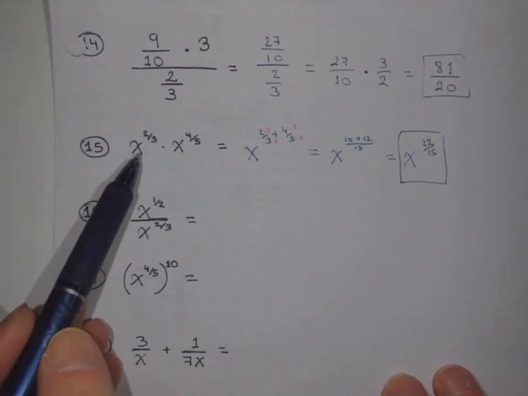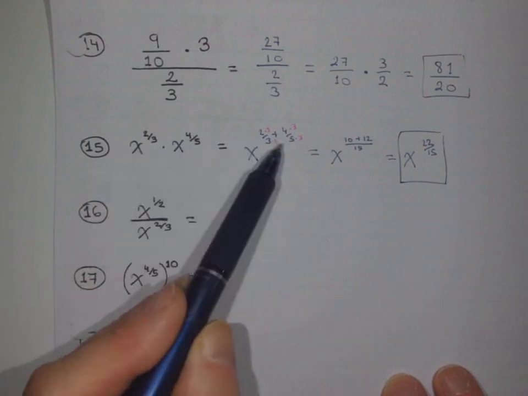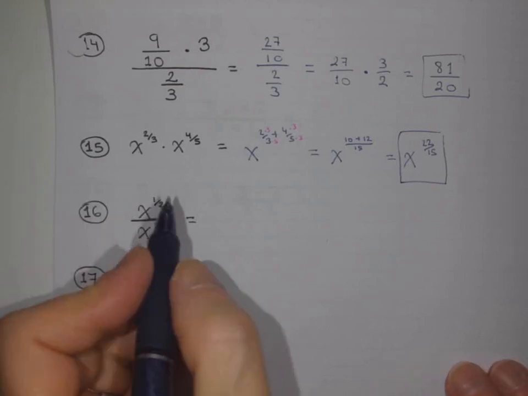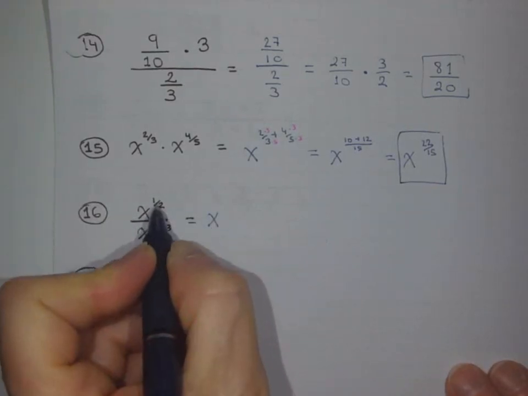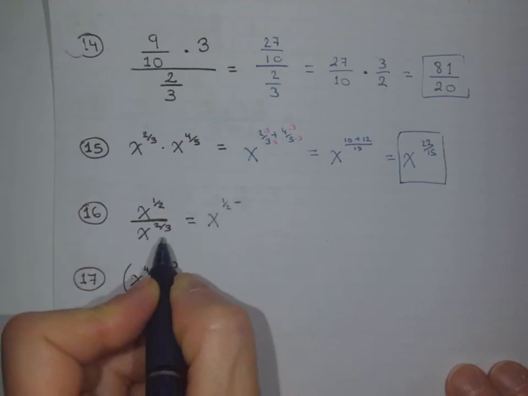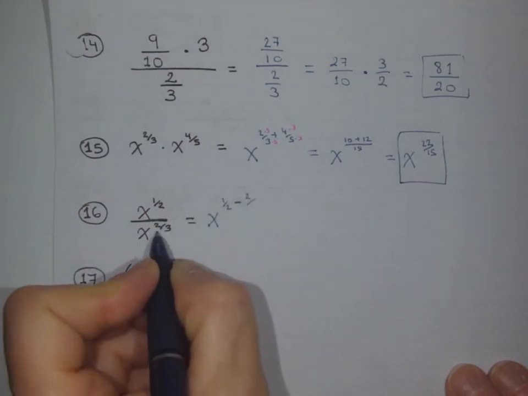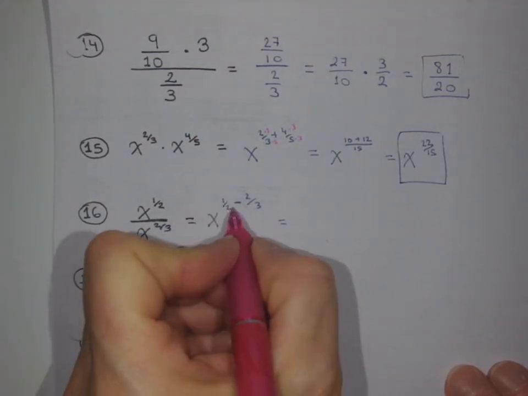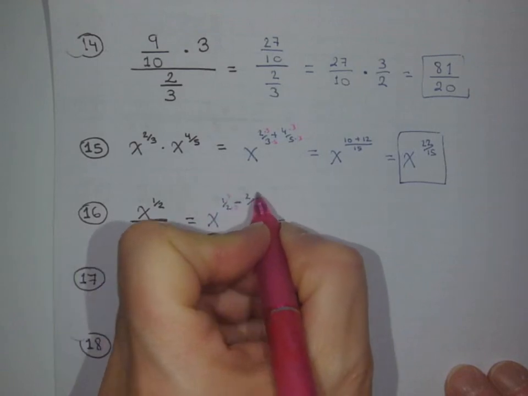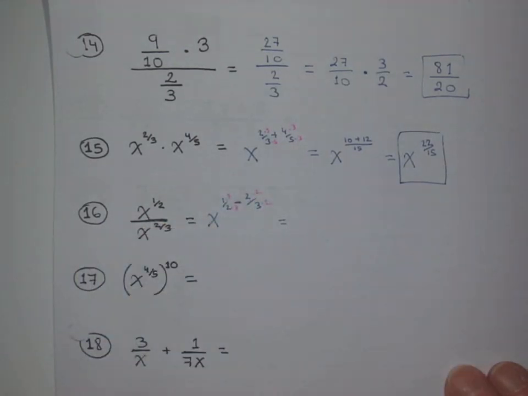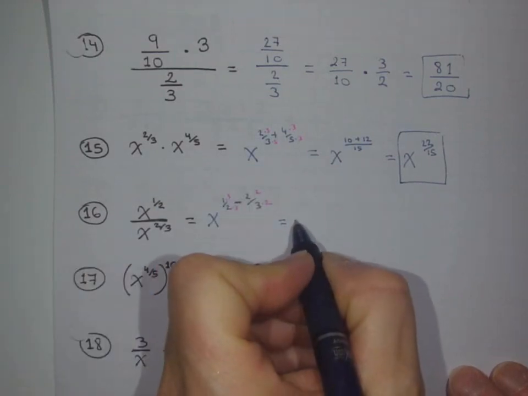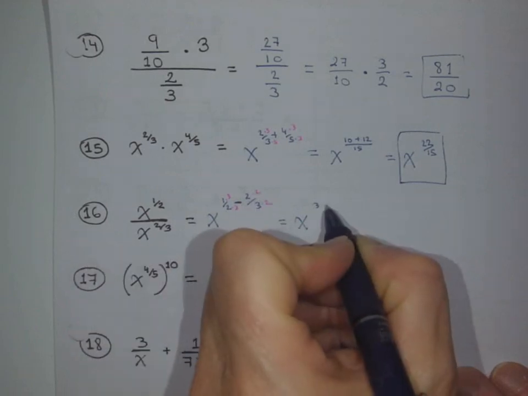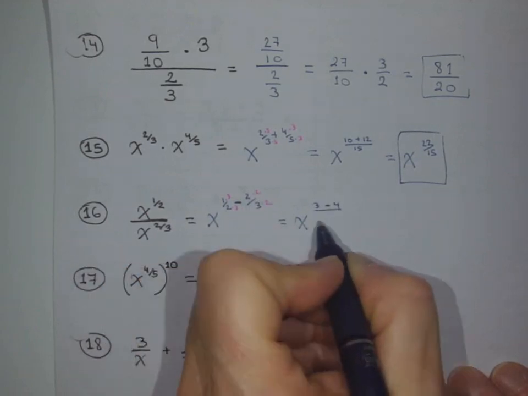When we multiply the same bases, we said we add the exponent, right? But when we divide the same bases, we subtract the exponent. So this is going to be an x to the 1/2 minus the denominator exponent, right? Okay, so we need a common denominator. So I'm going to multiply this by 3 and this by 2. So I need my x first, and then 1 times 3 is 3, minus 2 times 2 is 4, all over my common denominator of 6.